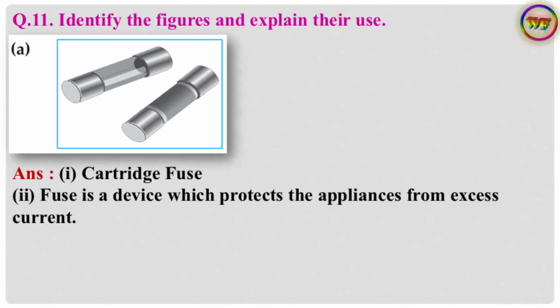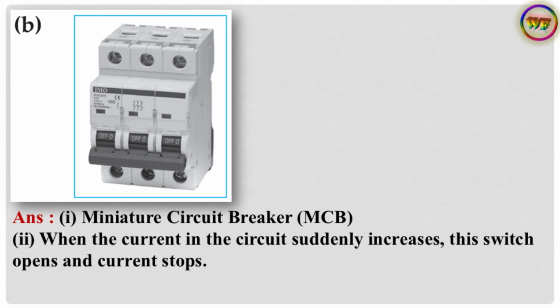Question 11. Identify the figures and explain their use. A. Answer. Point 1. Cartridge fuse. Point 2. A fuse is a device which protects the appliances from excess current. B. Answer. Point 1.